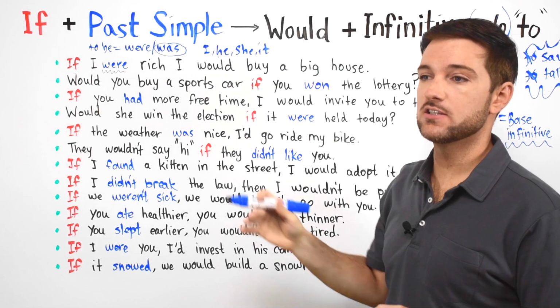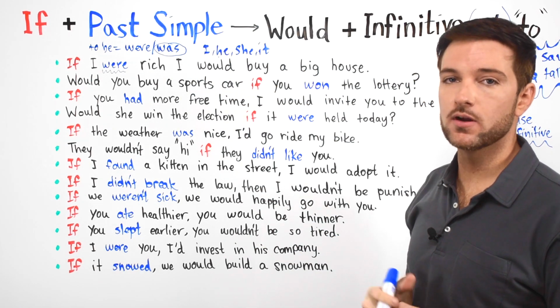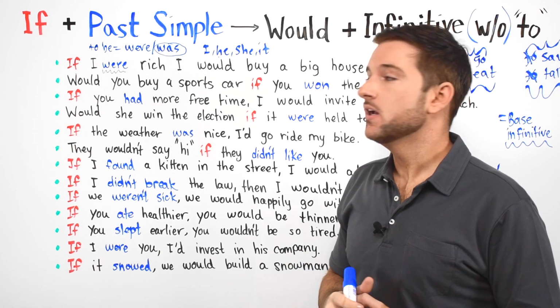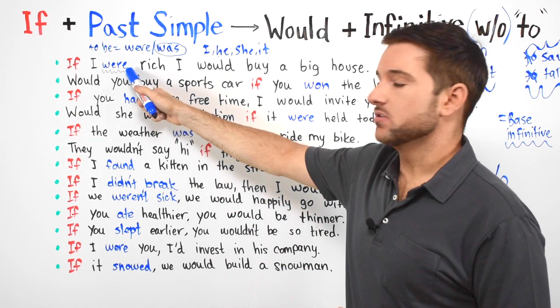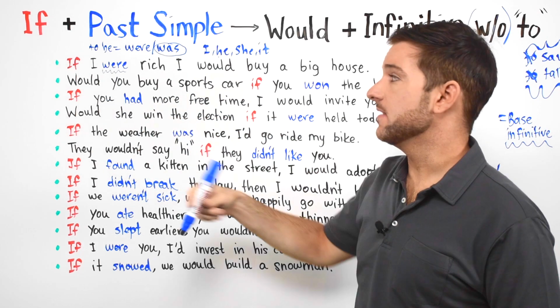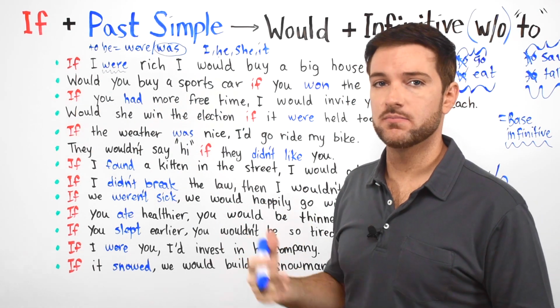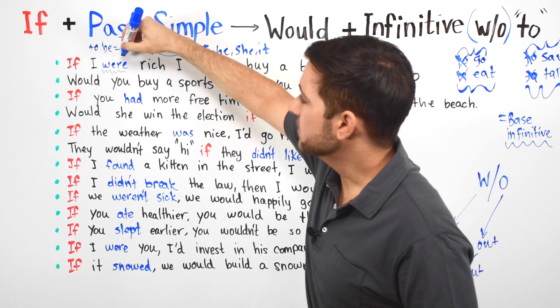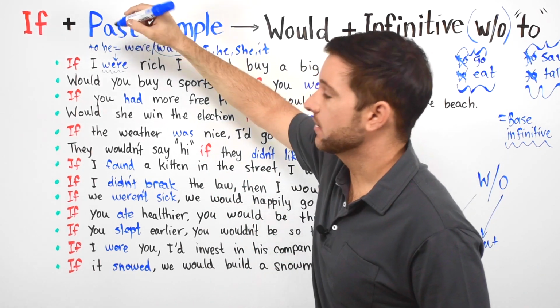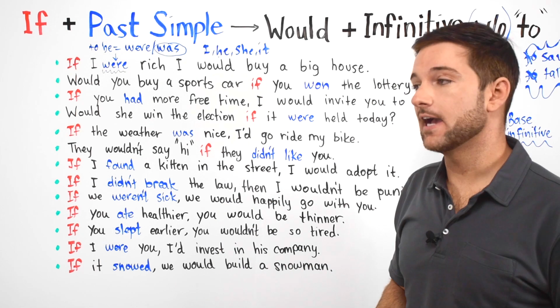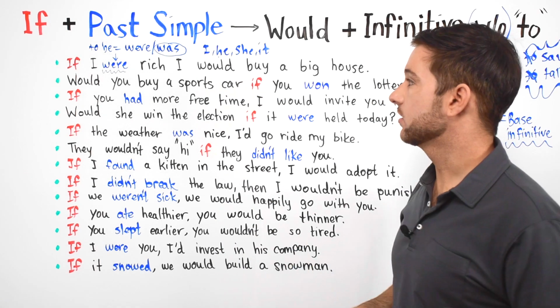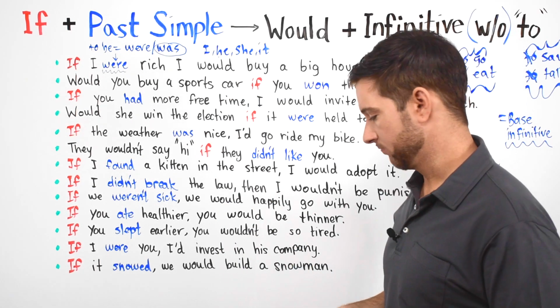But especially I noticed for American speakers of English, this can be a little subtle. So you'll hear people say both: if I was rich, or if I were rich. You'll hear both, but this one is more grammatically correct. If I were rich, I would buy a new house.